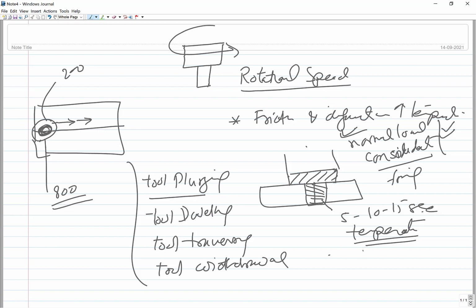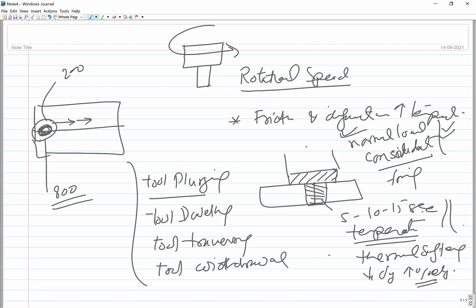So the rise in temperature will be causing the thermal softening, which in turn will be reducing the yield strength and increasing the ductility. These are the prerequisite things. Once it is done, then the rotating tool there.